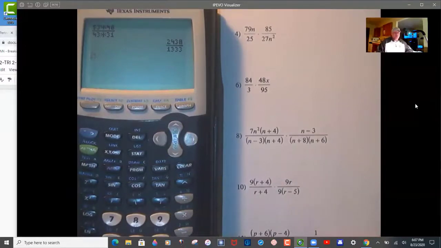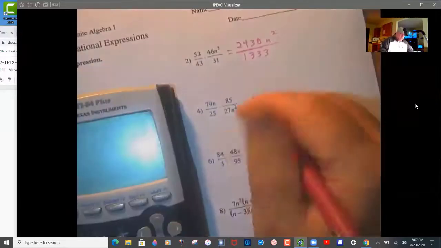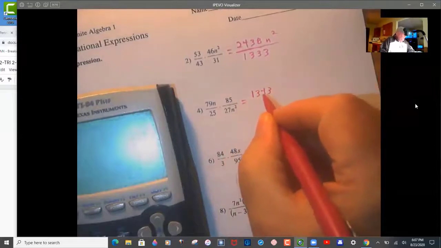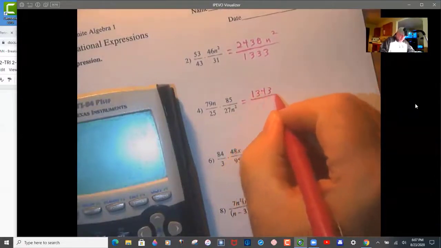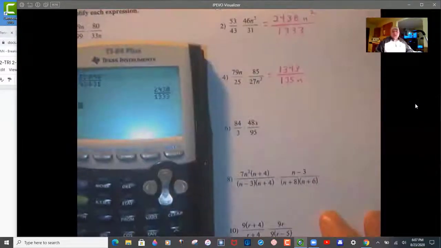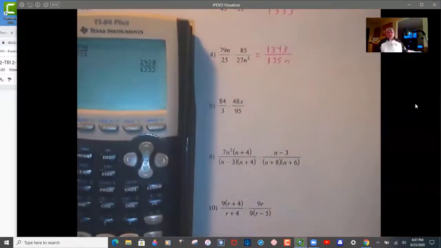And then the reduction of 79 times 85 over 25 times 27 is 1343 over 135, and then we have an n to the first. If that was the other way around, the n squared in the numerator and the n in the denominator, then it's an n to the first sitting in the numerator.